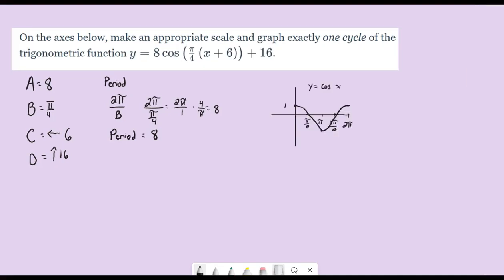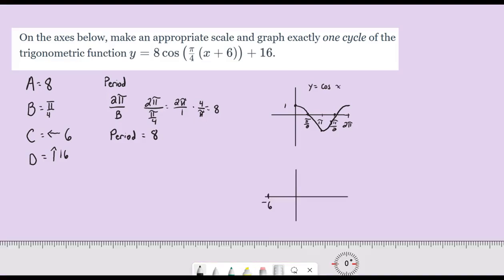Then I sketch out the parent function, y equals cosine x, just so I can get a feel for the shape of this graph. I realize that I'm going to be shifting it 6 units to the left. And then the period is 8, so negative 6 plus 8 equals 2. So it'll complete one full cycle from negative 6 to positive 2.